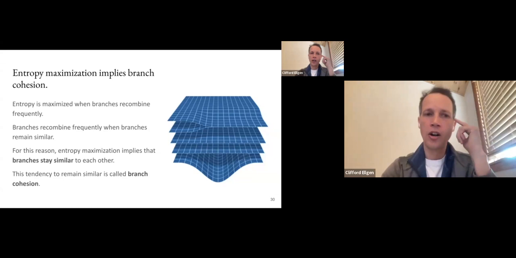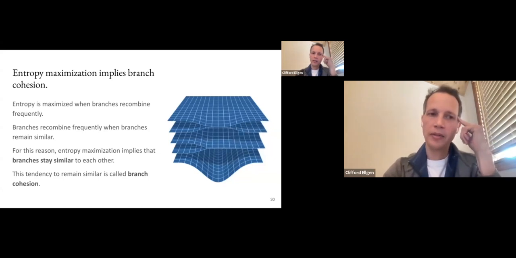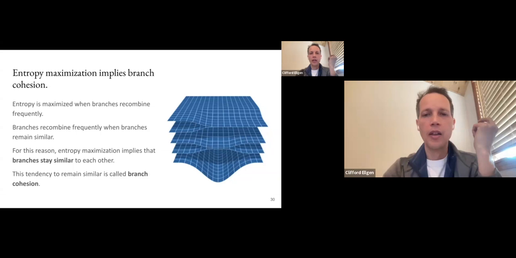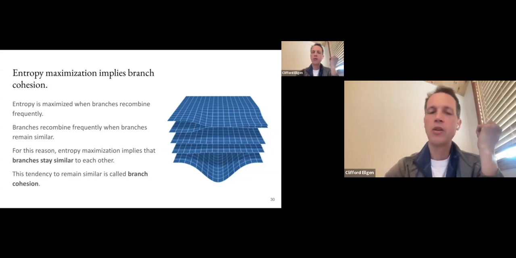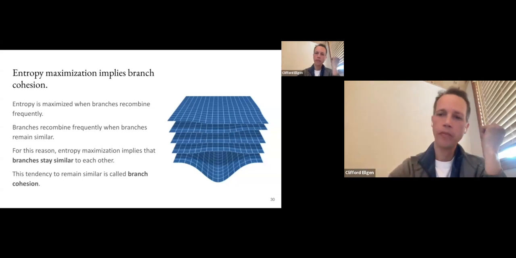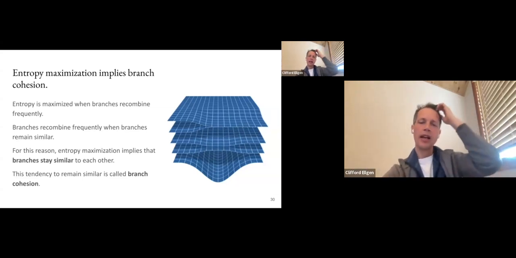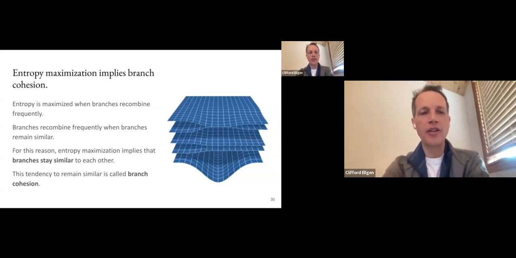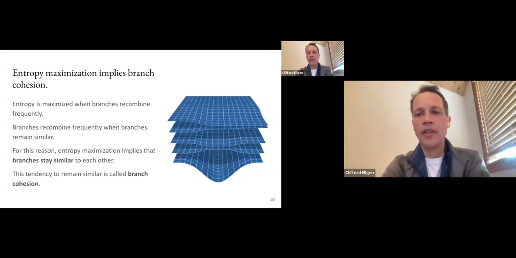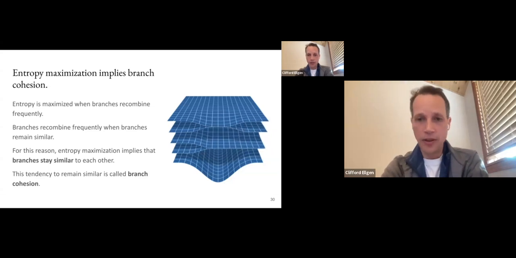But if the branches are entropically incentivized to recombine frequently, they can recombine more frequently if they're similar to each other. That means entropy maximization implies that these branches will tend to stay similar to each other. The animation on the right shows an example where there's a branch on the bottom that is not similar to the other branches.